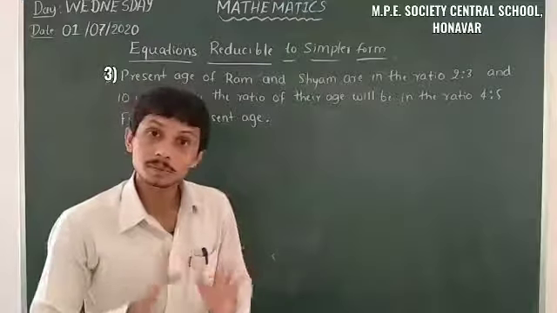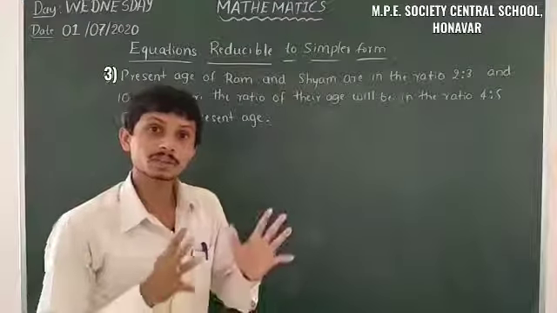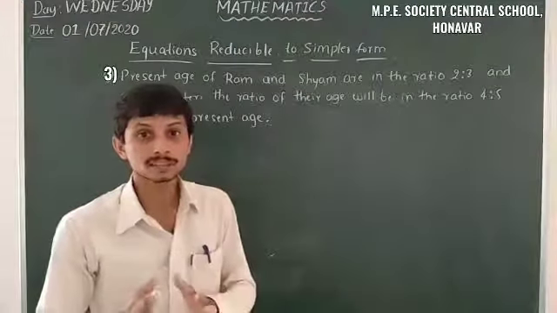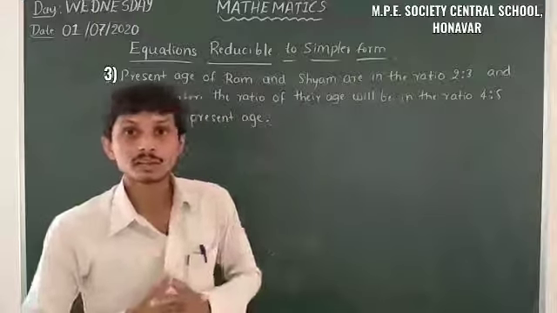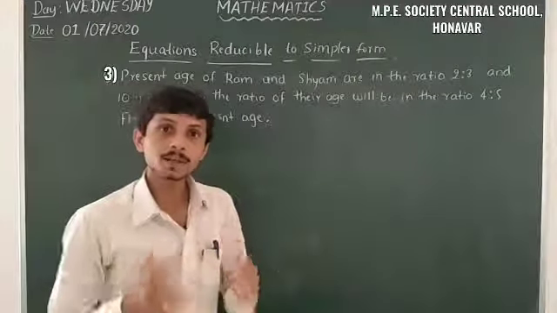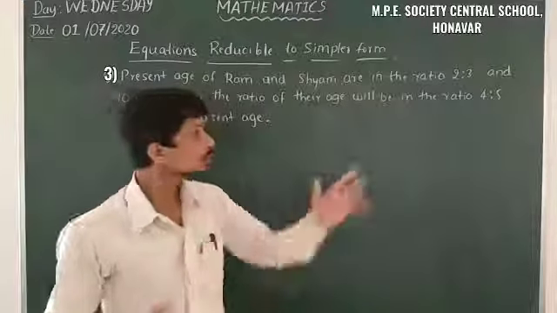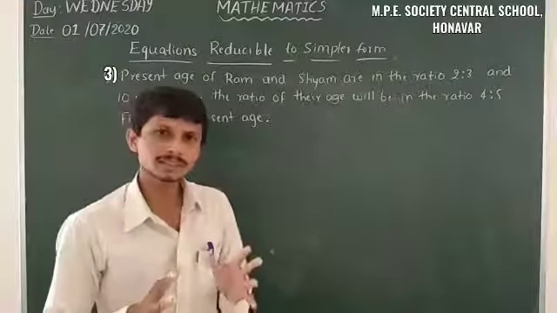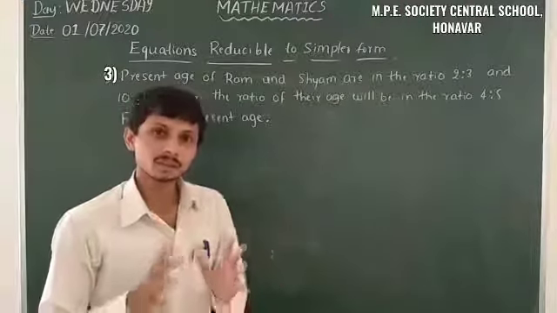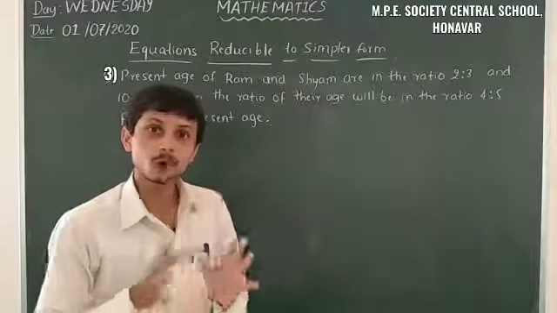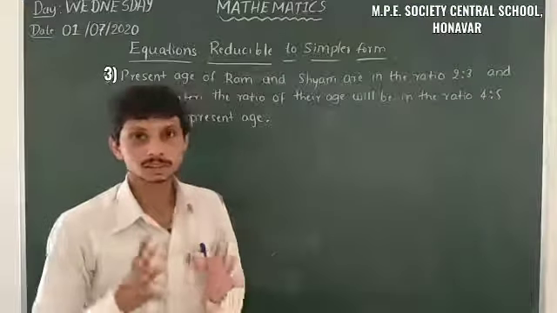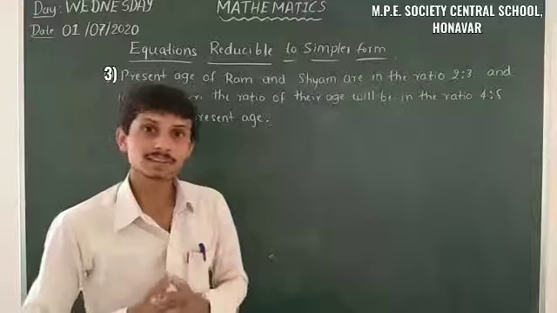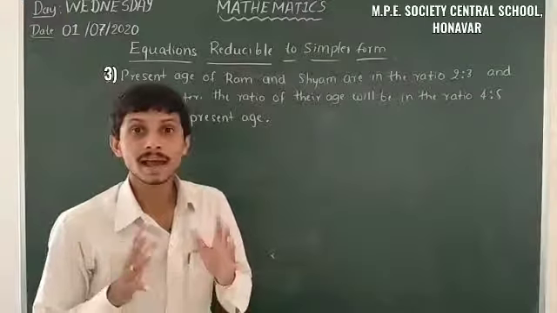So there will be an x factor. We take a common factor from their ages and divide those ages. After dividing, it turns into 2:3. That means there is a common multiple of both 2 and 3, so I will consider that common term as the x factor.